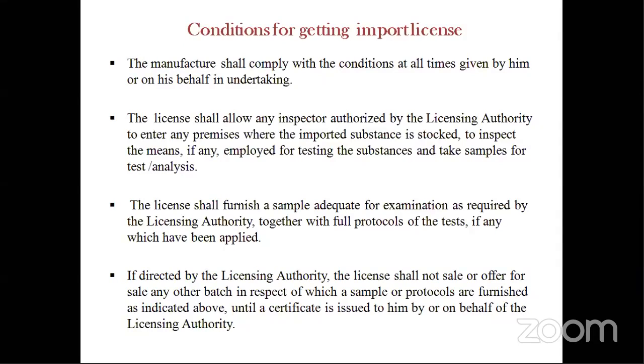He should enter any premises where the imported substances are stocked. The first criterion is stock clearance. Stock means where they keep the imported drugs or cosmetics in the company. This stock area must be eligible for storing the product if they are importing Schedule X drugs, so they have the proper area for storing these products.